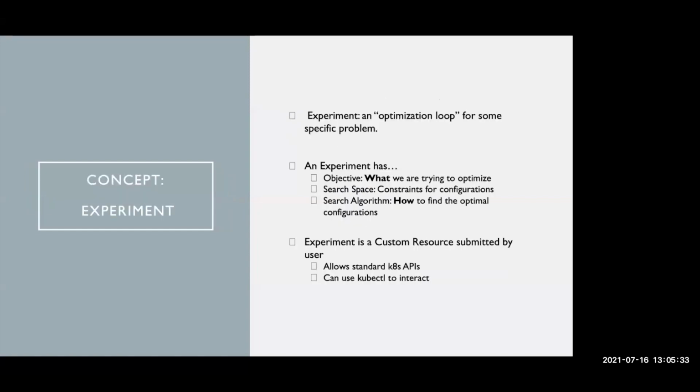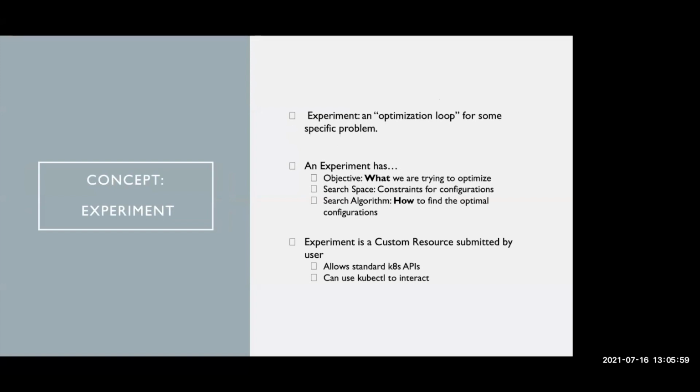So let's talk about the main concepts in Katib. An experiment is the highest level abstraction, which basically defines your problem statement. You could think of it as the main optimization loop for your specific problem. That is where you define your problem. An experiment spec contains multiple sections.